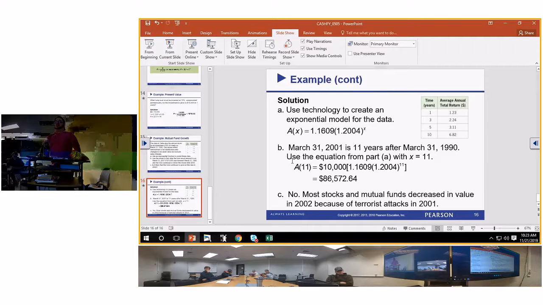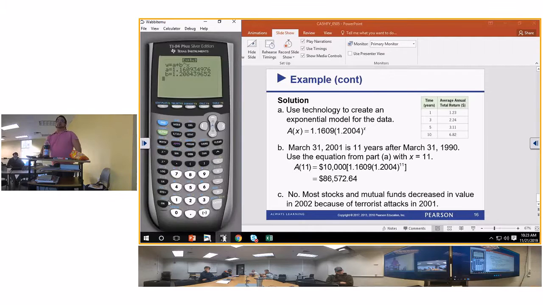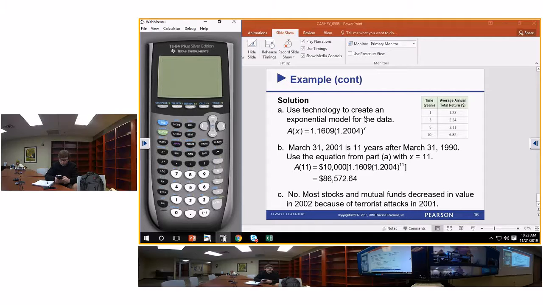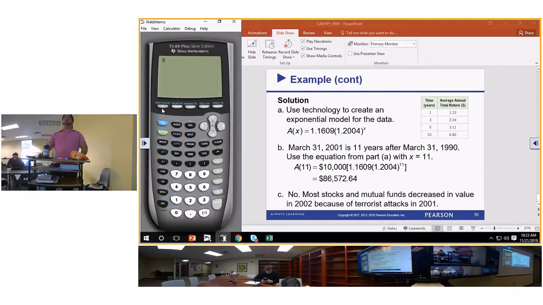So let's take our handy dandy calculator and let's type that in. Did you say put the X inside the parentheses? Yes, I would. So y is equal to 1.1609 times, parentheses, 1.2004 raised to the x power, close parentheses, and graph.